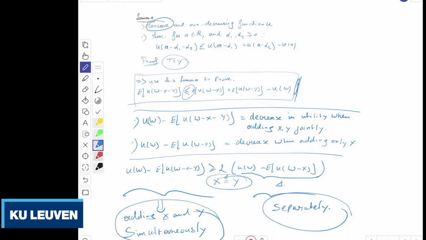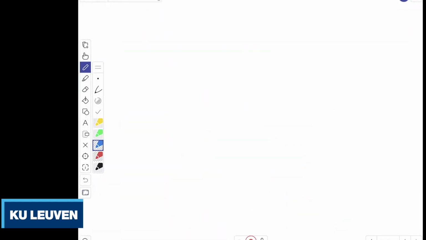Maybe to conclude, one example that maybe can help to understand a bit what is going on. So assume that we look at this expected utility and assume that I add multiple risks.